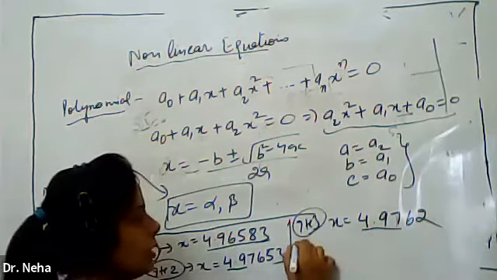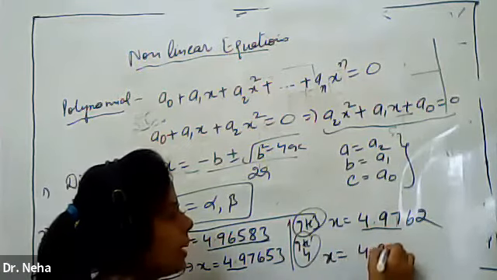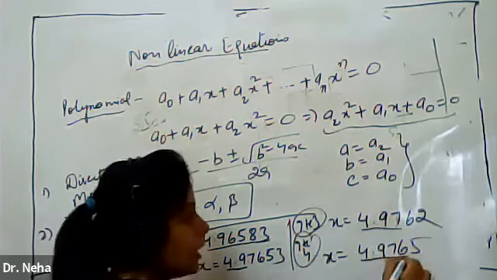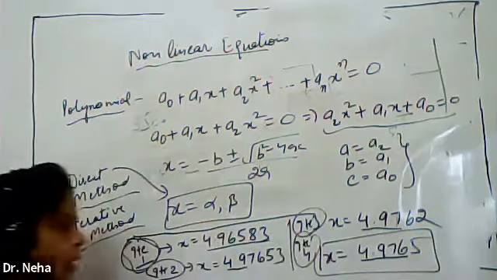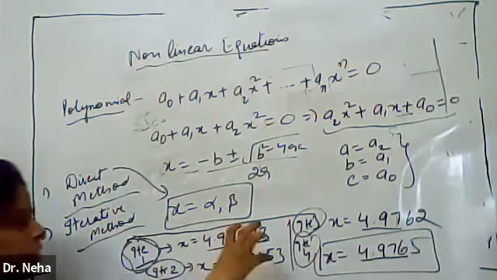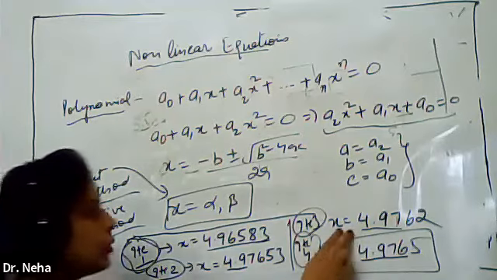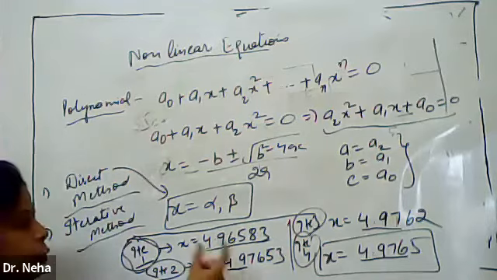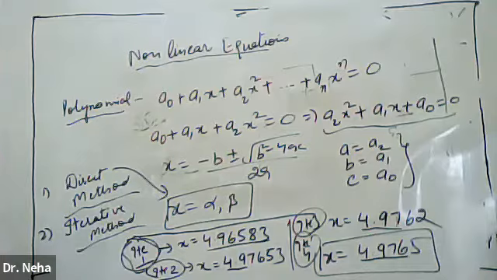Let us suppose in iteration number 4 we get the value 4.9765. That means 3 digits are repeated after the decimal place, so we will stop over here. What does it mean? We need to continue the process again and again until the required accuracy is achieved. Sometimes the statement says solve the given equation up to 2 decimal places.